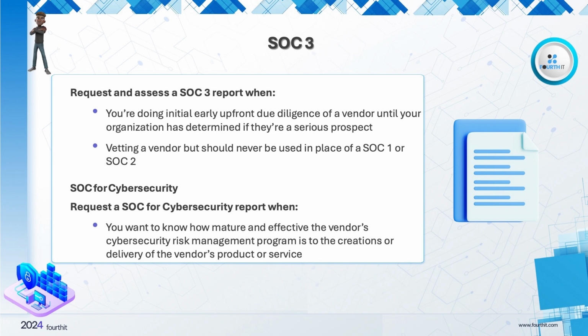Until you request the SOC 2 type 2 or the SOC 1 report, we mostly request the SOC 3 because it gives us a summary of their system, a summary of their security posture, before we go ahead and do anything else. It is for vetting a vendor, but should never be used in place of a SOC 1 or a SOC 2. Why? Because it gives you the high level and doesn't go into the details we want.